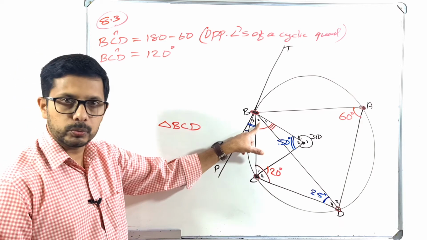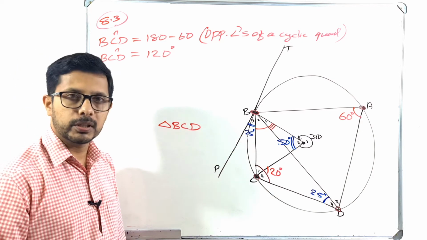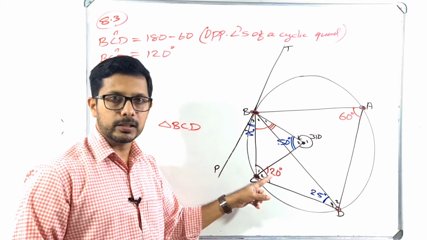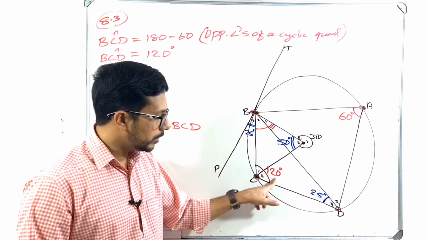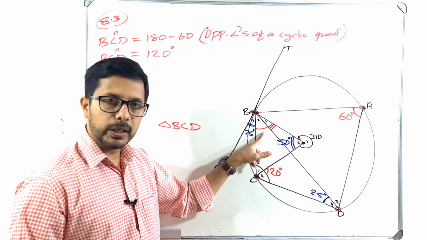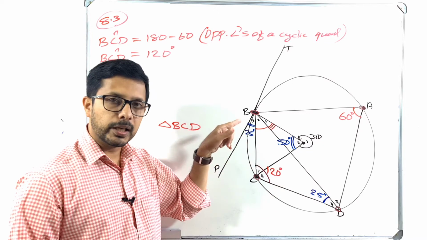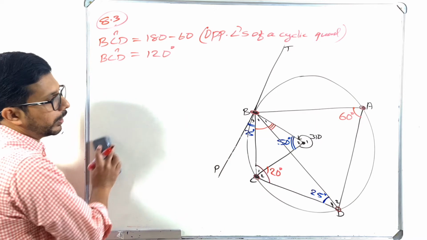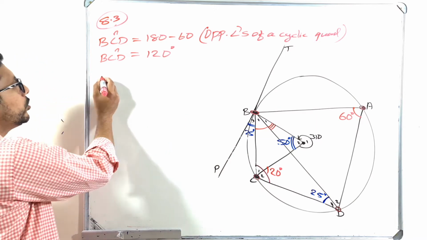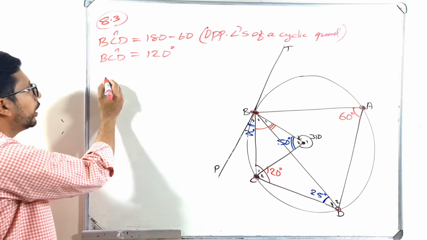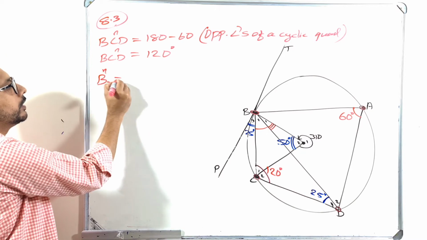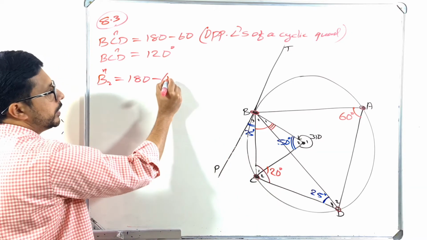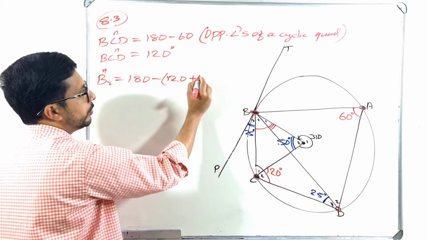How can you find that one? In a triangle, what is the sum of the angles? The sum of the angles in a triangle is 180. So this is 120, this is 25. What is remaining on this angle? 180 minus (120 plus 25). Okay, so let's find that one. Angle B2 is equal to 180 minus (120 plus 25).